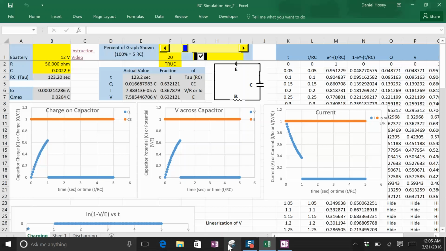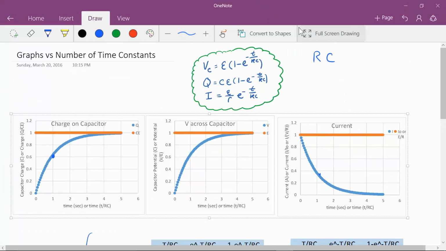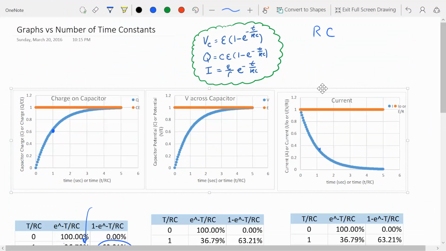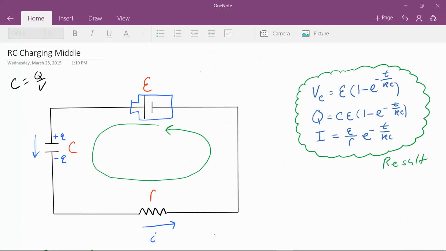So back to the beginning here, what's really going on with these RC problems when they're charging or discharging is that in the beginning, the capacitor offers basically no resistance whatsoever. I should say no potential difference, no voltage. In the beginning, it acts like a wire.